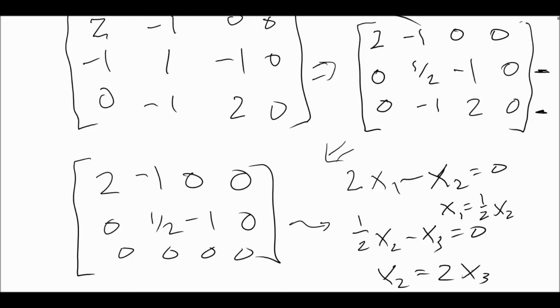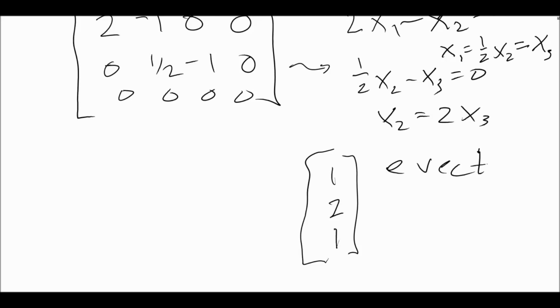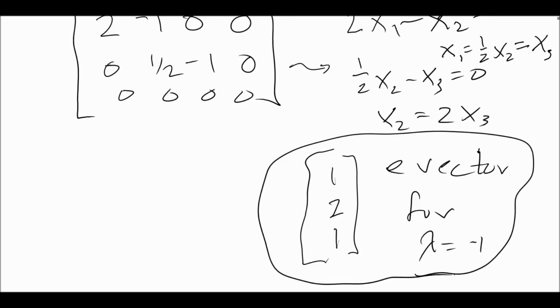But we know that x2 is equal to 2x3, so that's also equal to x3. Which means that if I choose x3 equal to 1, then I get an eigenvector that looks like that, and that's the eigenvector for lambda equal to minus 1. And so now I've found all 3 eigenvectors and eigenvalues.